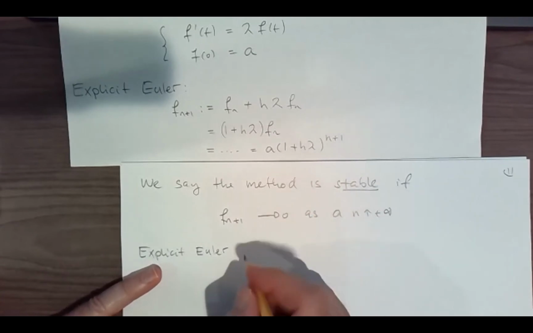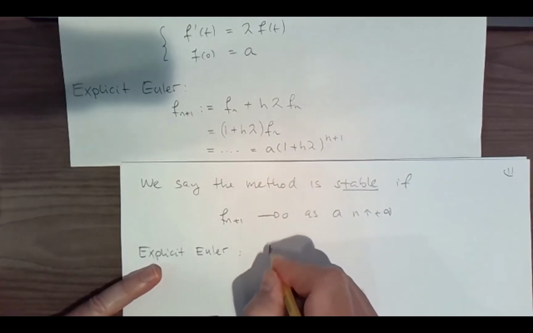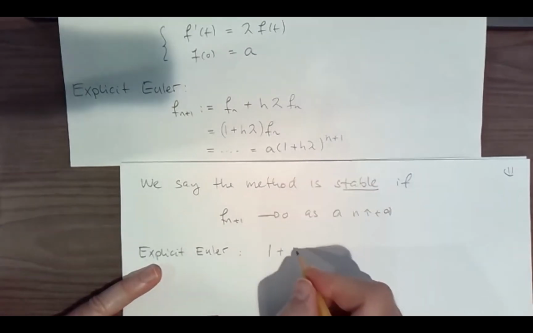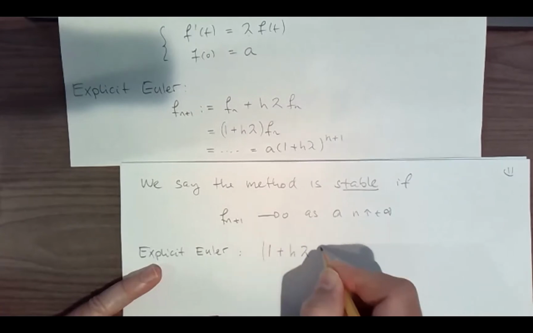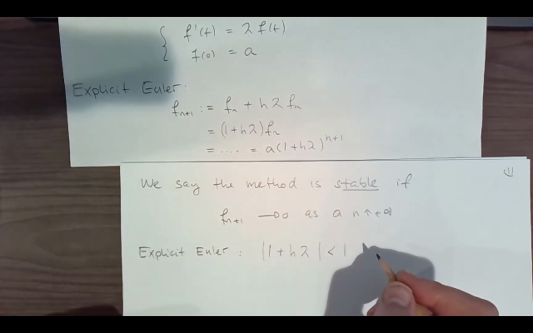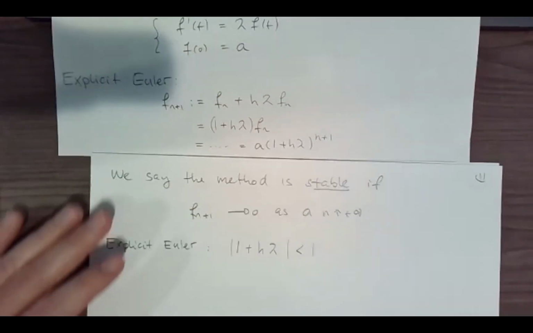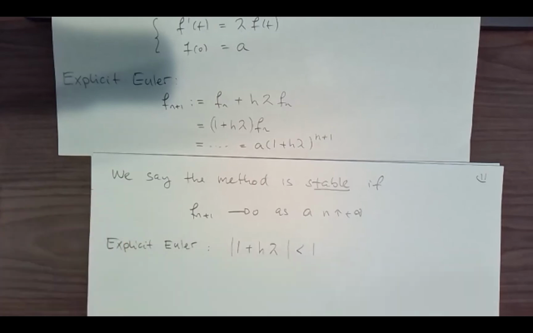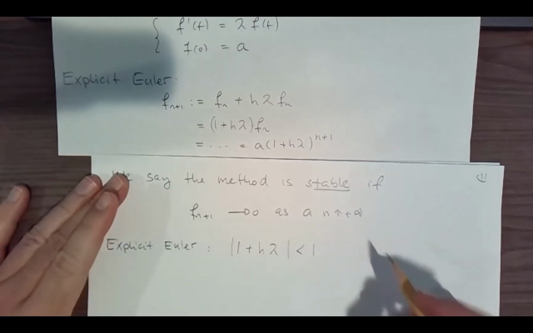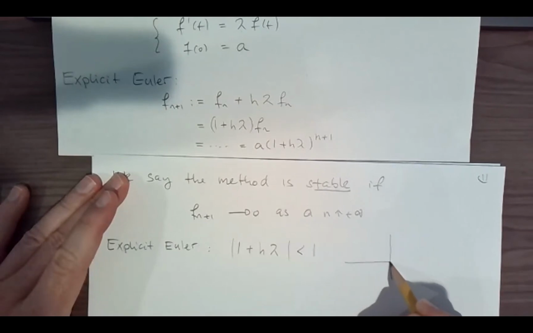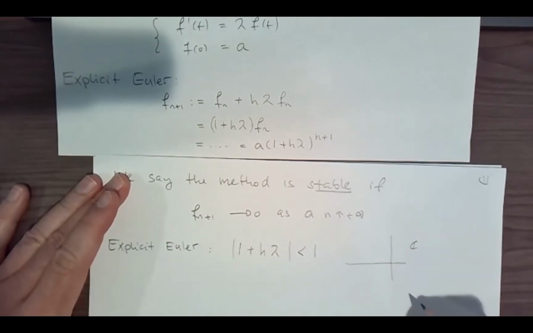This happens exactly when 1 plus h lambda is small, less than 1. So if you look at it in the complex plane, so this is the complex plane.